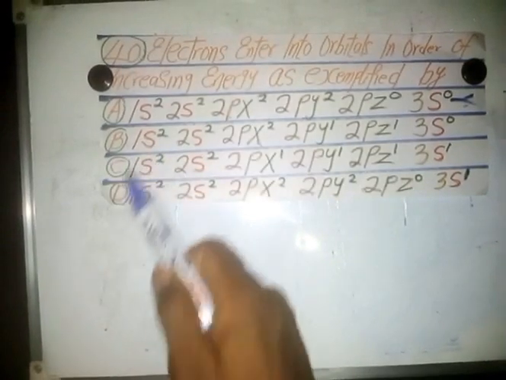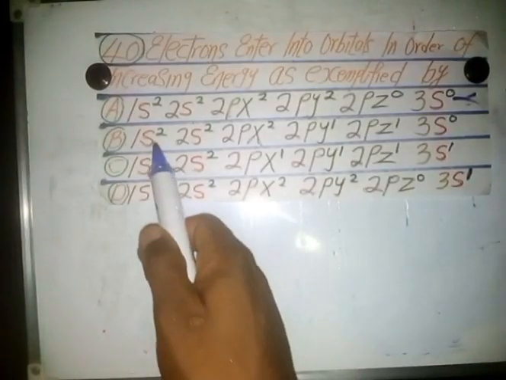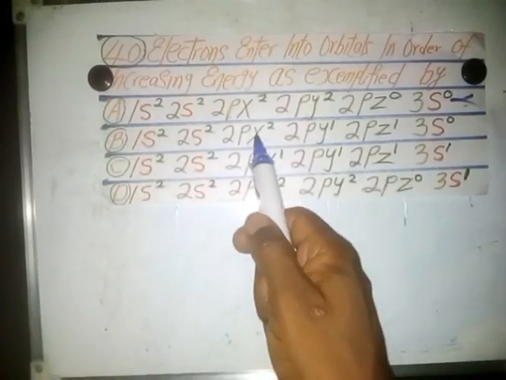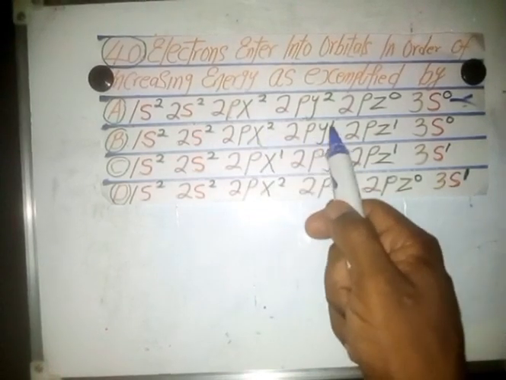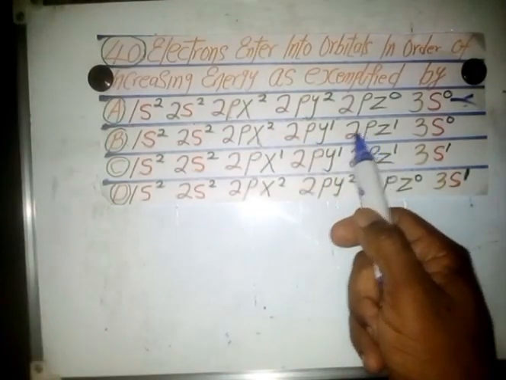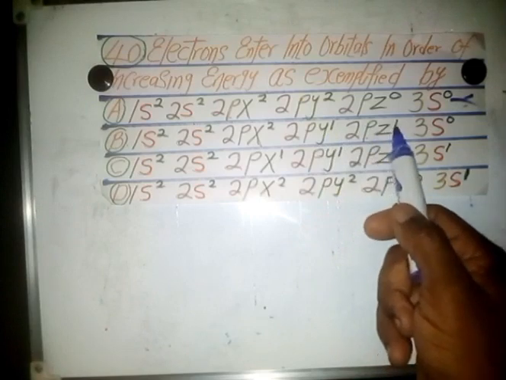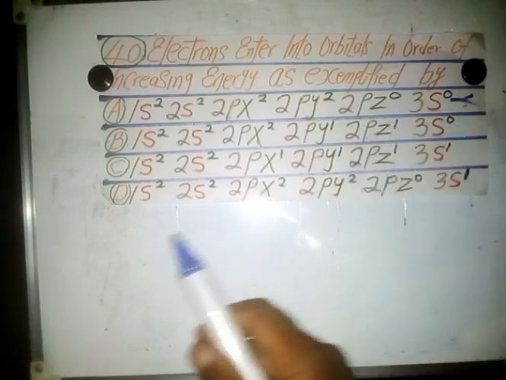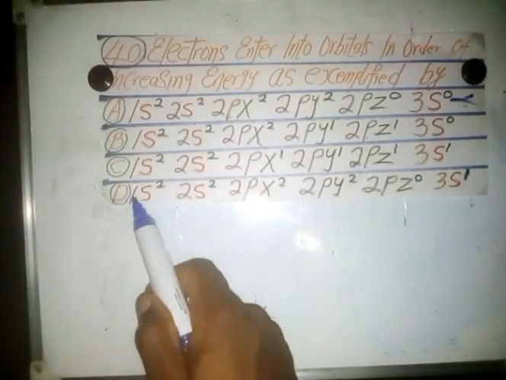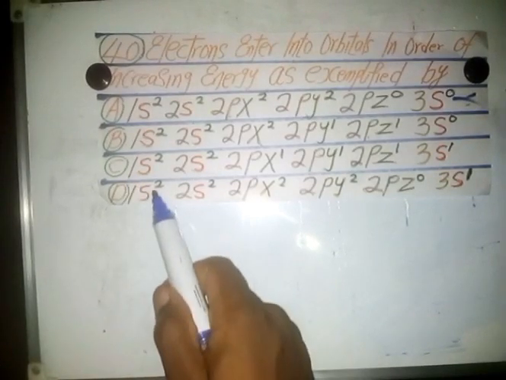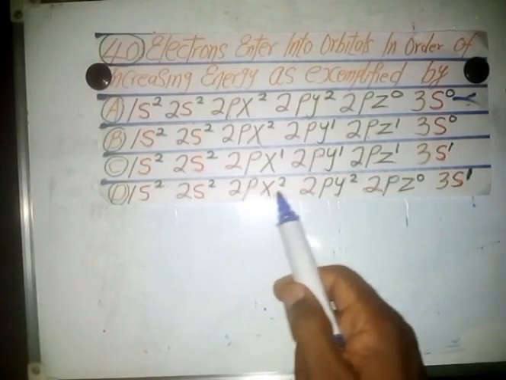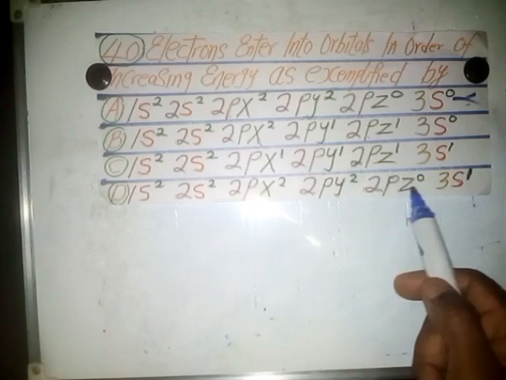So let's look at this one. Let's look at B. 1s2, 2s2, 2px1, 2py1, 2pz1, and here is 0. Let's look at the others. 1s2, 2s2, 2px2, 2py2, 0.